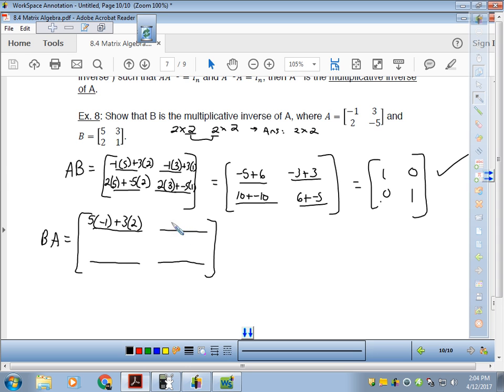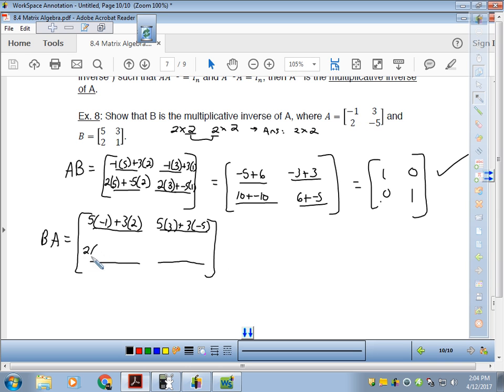Over here, this is row 1, column 2. So I'm going to take row 1, which is 5, 3, multiply it by column 2, which is 3, negative 5. So 5 times 3 plus 3 times negative 5. Down here, this is row 2, column 1. So I'm going to take row 2, which is 2, 1, multiply it by column 1, which is negative 1, 2.